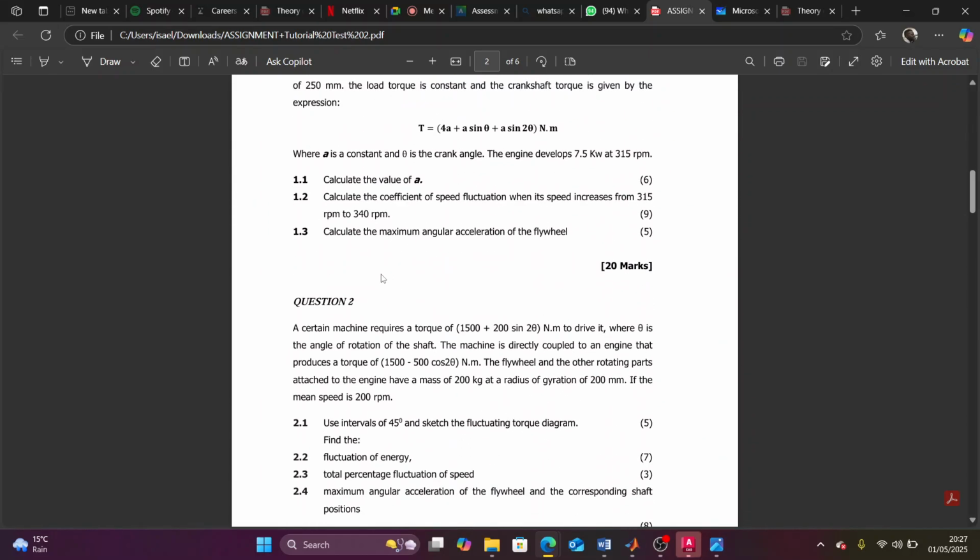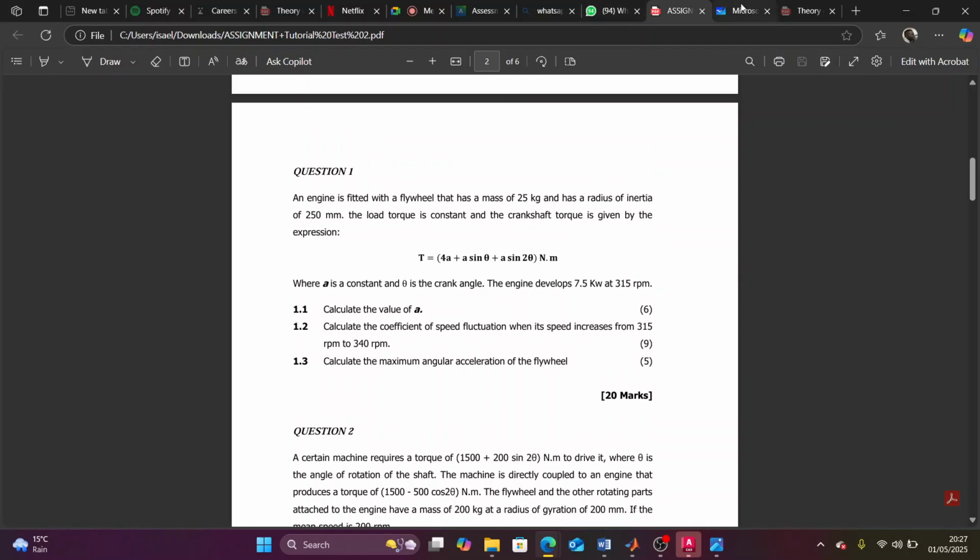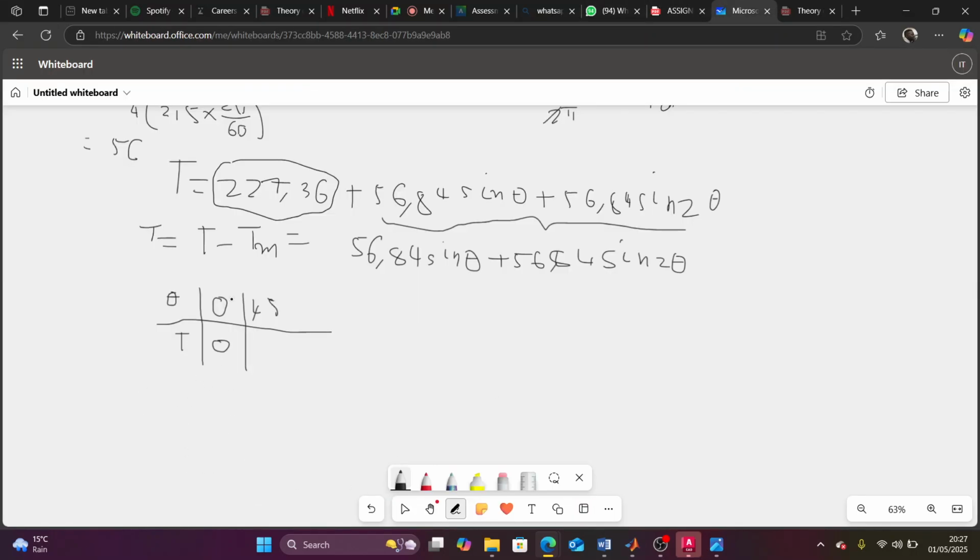So when we take our sample, we will go 0, 45. If I put 45 here, what is the answer that we get as torque? 97,032. Now, what is the next?